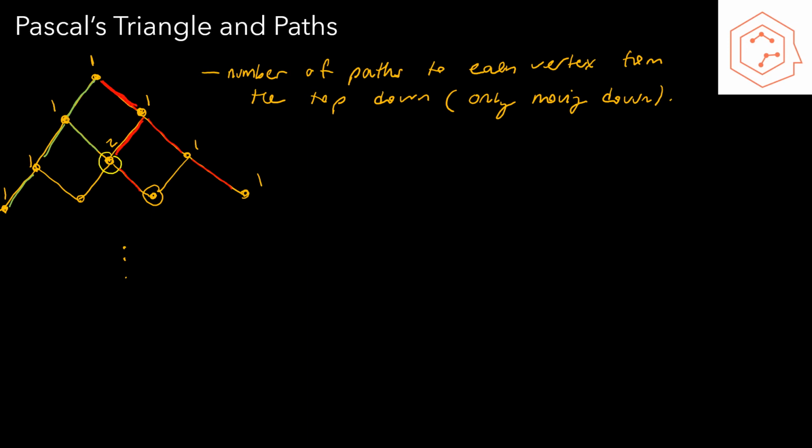We can go to the left, come down, and get to it that way. Or we can travel along this right side and then get to it. So that's three potential ways. And you can use the same logic and you'll find that the left one also has three ways to get to it. And it turns out that the number of paths is the sum of the nodes connected to it.